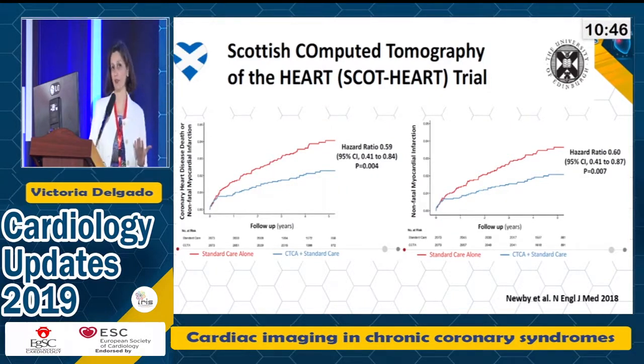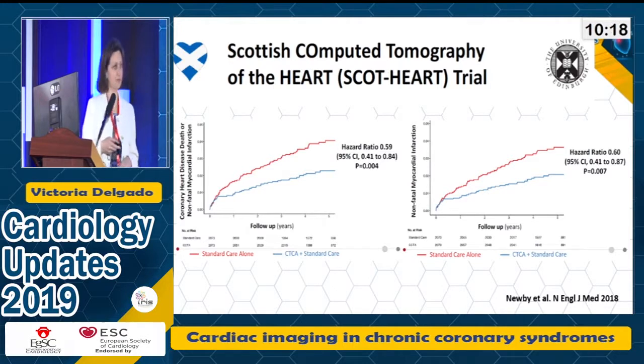One of the largest registries is the CONFIRM trial, but the SCOT-HEART trial has the peculiarity that these were patients with stable coronary artery disease who were randomized to standard of care, and standard of care meant optimal medical therapy and exercise tests, or standard care plus CT coronary angiography.